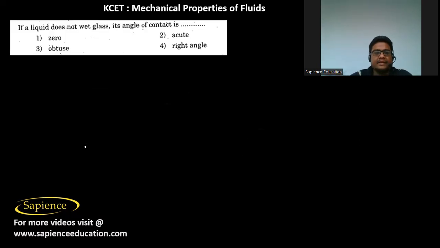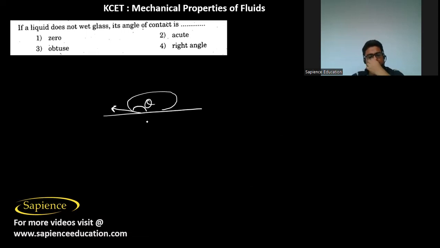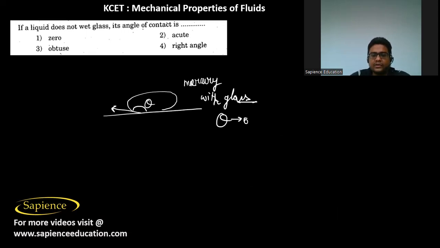Then here it is told that if a liquid does not wet glass, its angle of contact is? If the angle of contact is an obtuse angle, the liquid will not wet glass, like for example mercury with glass. In mercury with glass, the angle of contact theta is an obtuse angle, and we know that mercury does not wet glass.